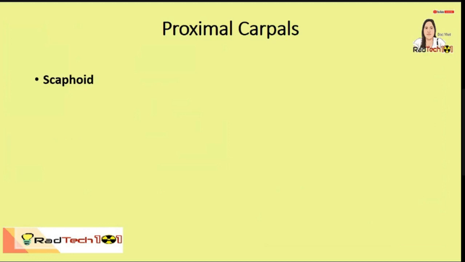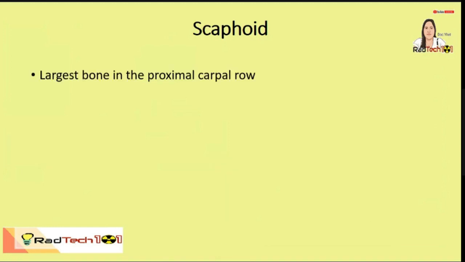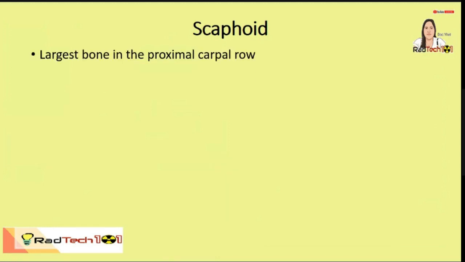Okay, so I hope that is clear. So we will discuss the four proximal carpals first. So we have the scaphoid, the lunate, the triquetrum, and the pisiform. So for scaphoid, this is the largest bone in the proximal carpal row. Pero when we say largest carpal bone, it is the capitate.